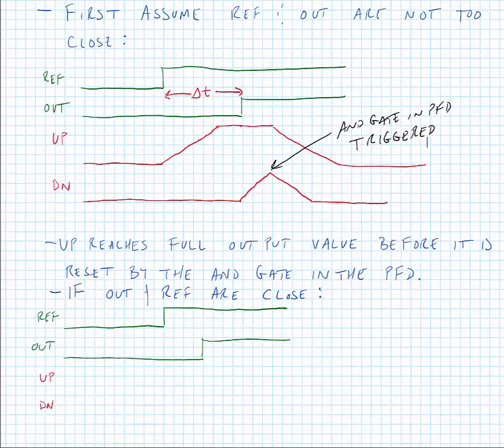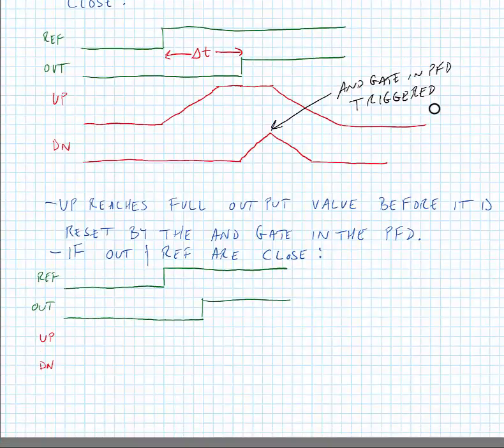So the key here is that the up pulse reached its full output value before it's reset by the AND gate and the PFD. So basically the PFD is working properly here. We got our full amount of charge onto the capacitor that we desired.